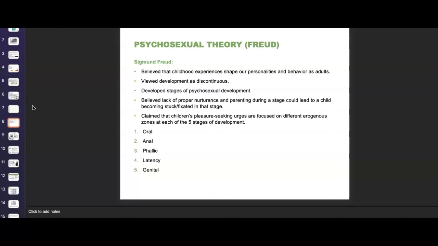I'm not going to dig too deep into Freud's psychosexual theory. It's in your textbook. I would love for you to read more about it. We are going to cover Freud in greater depth when we study personality theory, because it's going to be even more important to look at it then.